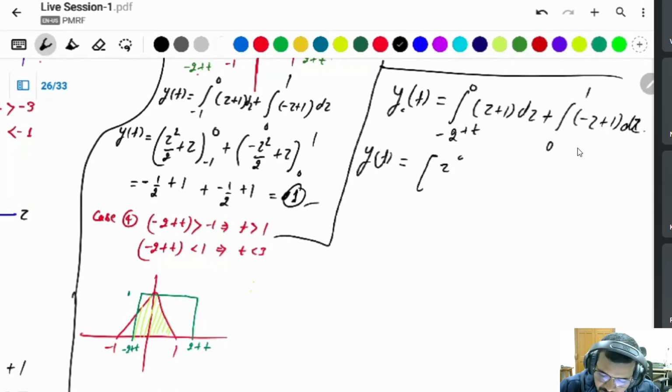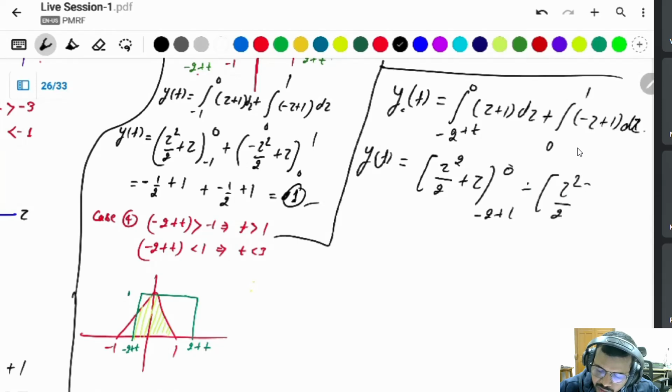This will be tau square divided by 2 plus tau, from minus 2 plus t to 0, and this will be tau square by 2 from 0 to 1 plus tau from 0 to 1.